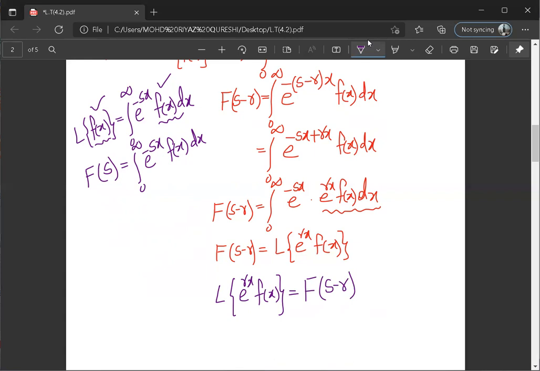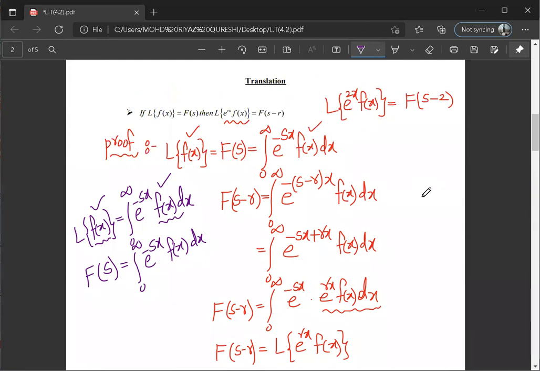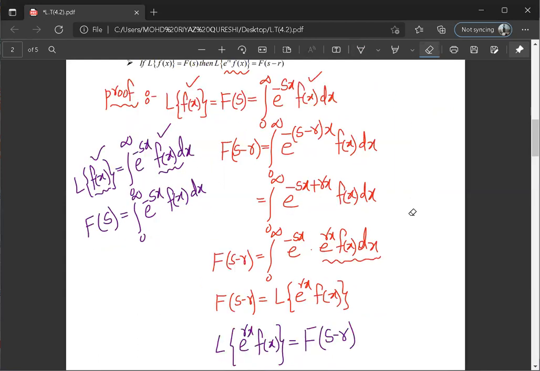I'll just copy this, sir. Yes, you have to copy. It's a very important theorem.